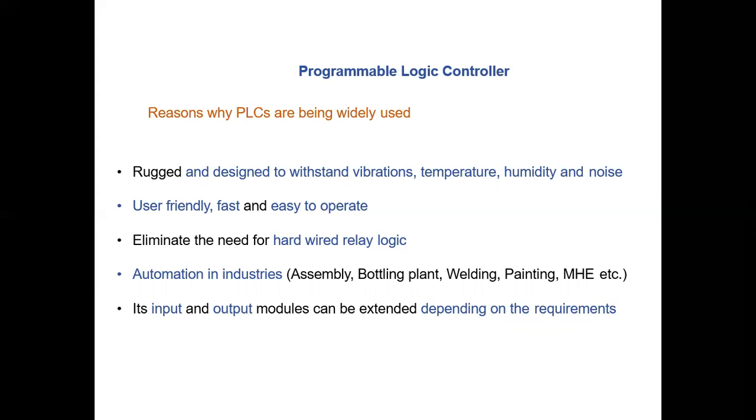It is used for automation in industries like assembly, bottling plants, welding plants, painting, and many more. Its input and output modules can be extended depending on the requirements. One of the best advantages of the microprocessor is that we can add input-output modules with respect to particular requirements.